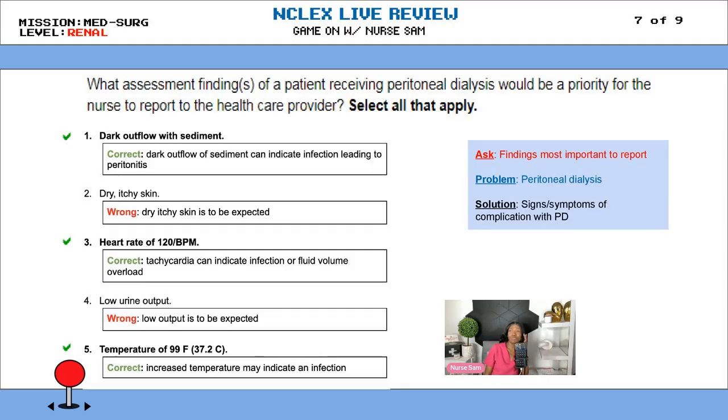Increased temperature. I'm not even going to lie to you. Okay, I understand. Since normal is 98.6, technically it's a fever, right? Mind you, this doesn't say fever, it says increased temperature.